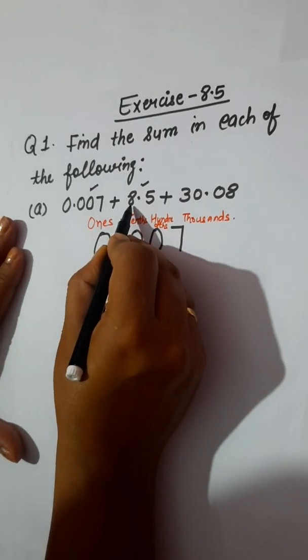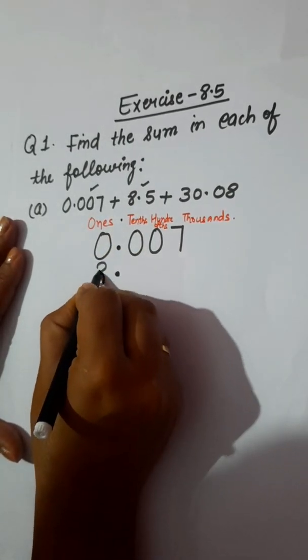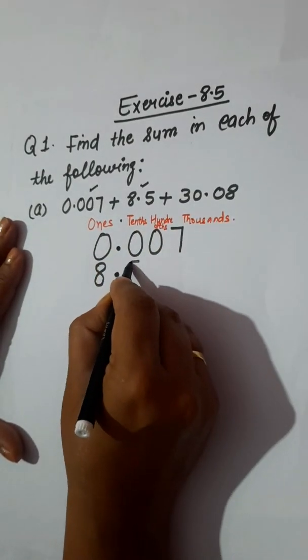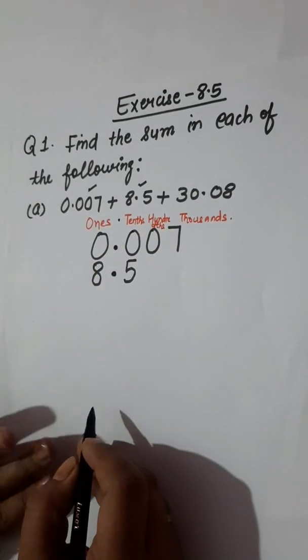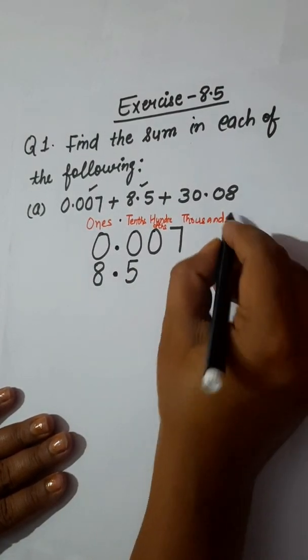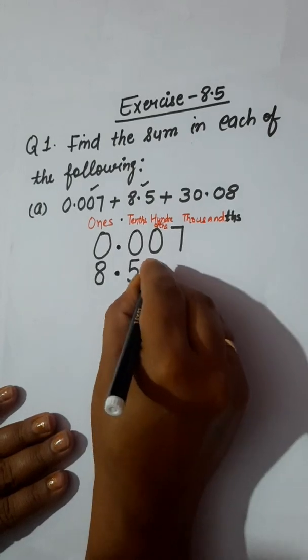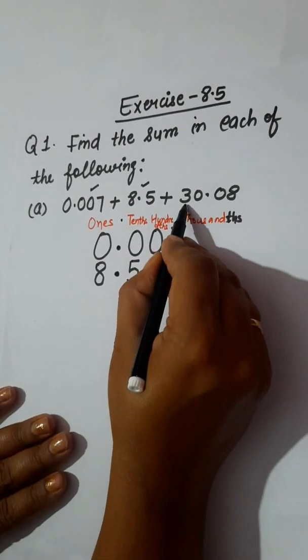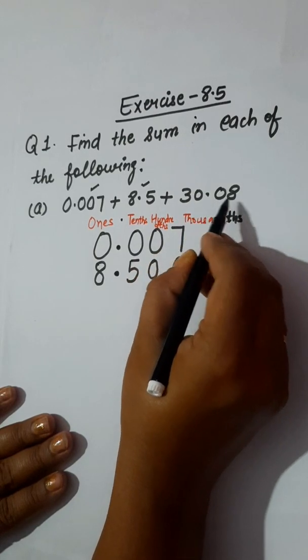Here we have 8 which is at the ones place, so I will write 8 below ones. Then we have 5 which is at the tenths place, so I will write this 5 below tenths. Here we don't have any digit in the hundredths and thousandths places, so I will write 0 0. Then next we have 30.08.